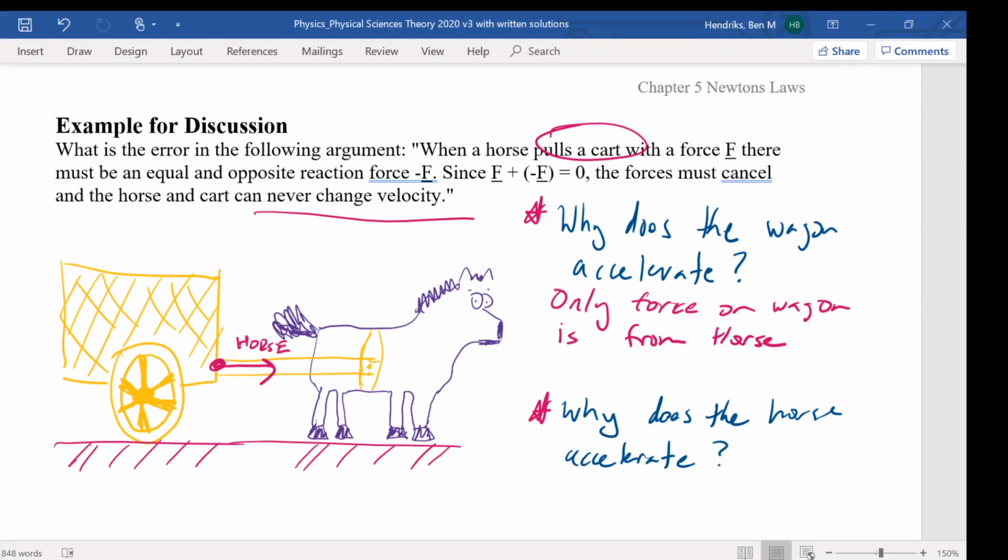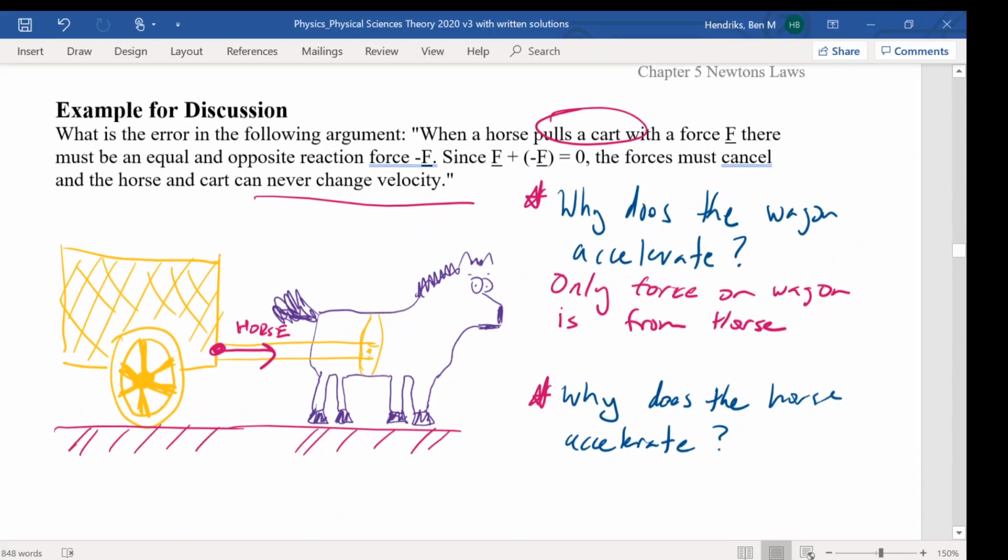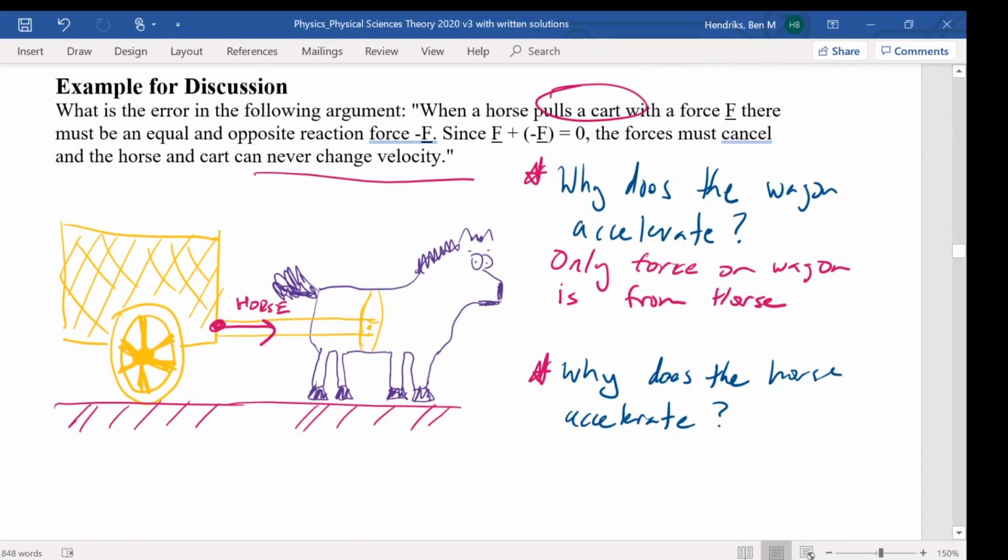This time for the horse, we can't really assume that there's no friction force, because the hooves aren't made of the same material as our slippery wheel that goes over the ground without any friction. So we also have the horse pounds on the ground, that's from the horse on ground.